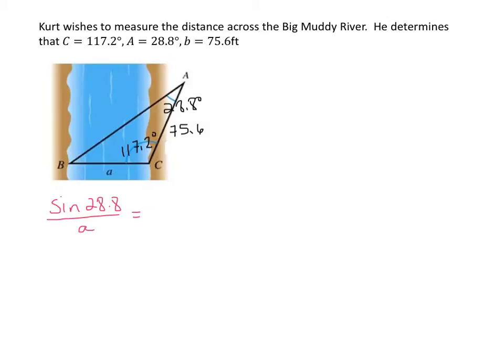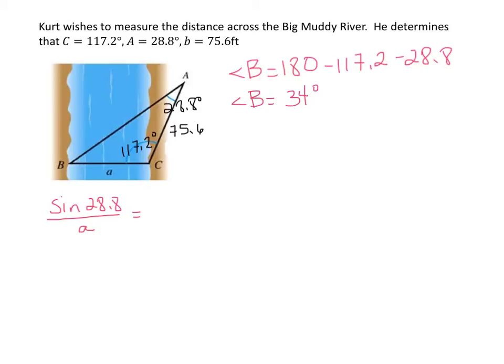Well, if I look, I don't have a value for side C. I don't have a value for angle B. However, angle B is something that I can calculate relatively easily because, again, I can use the angle sum theorem for a triangle. So that's what I'll need to do. And I get a value for angle B of exactly 34 degrees.